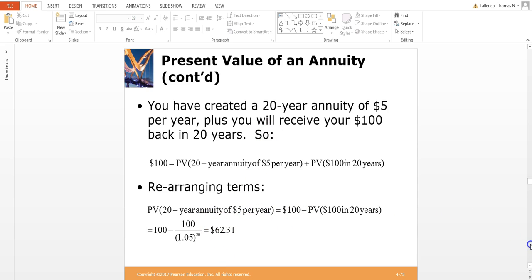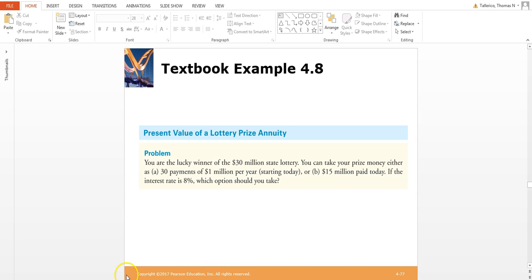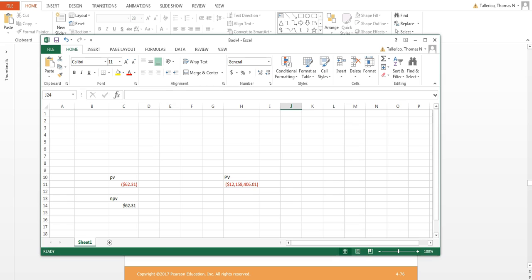Okay, so again, here's all the general equations, and you could go through this, but there's really no need for dealing with that. So as I said, let me go back here a little bit, and let me bring up Excel, and I'll show you how easy it is.